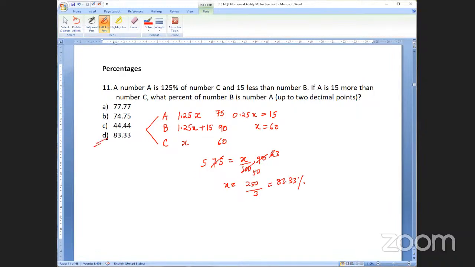So option D would be the pick. Any doubt, please post this in the chat box. If you need any clarity on this, just read the question, feed in the data, and keep solving.